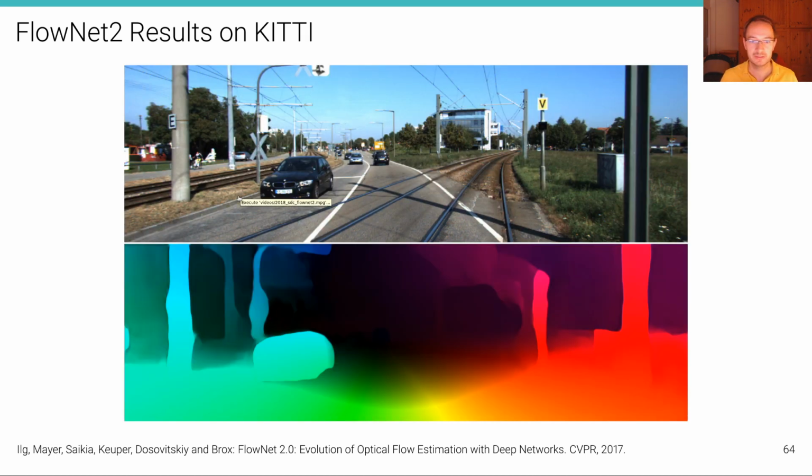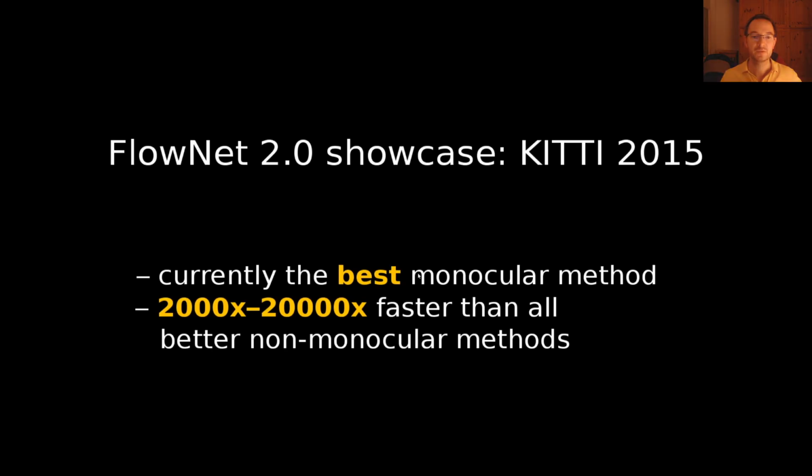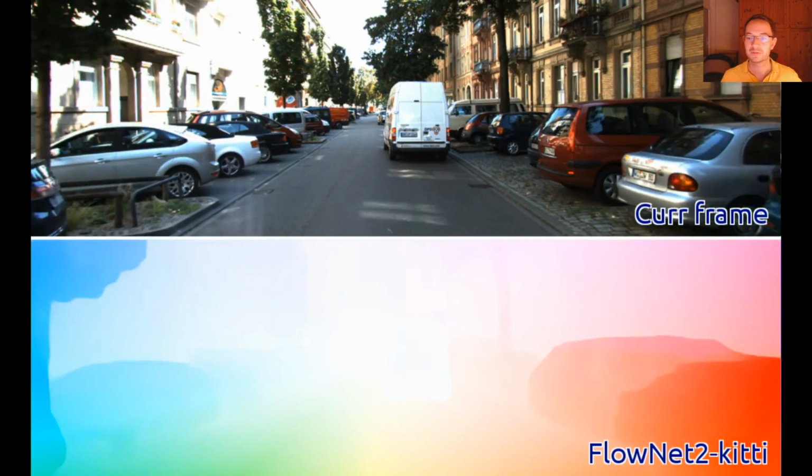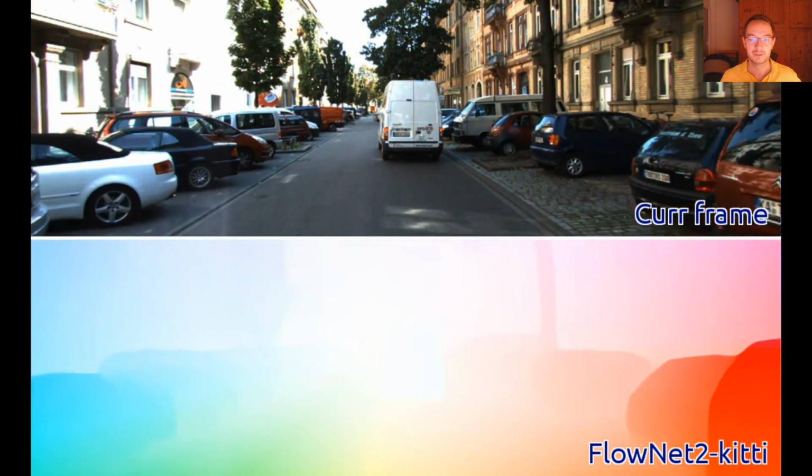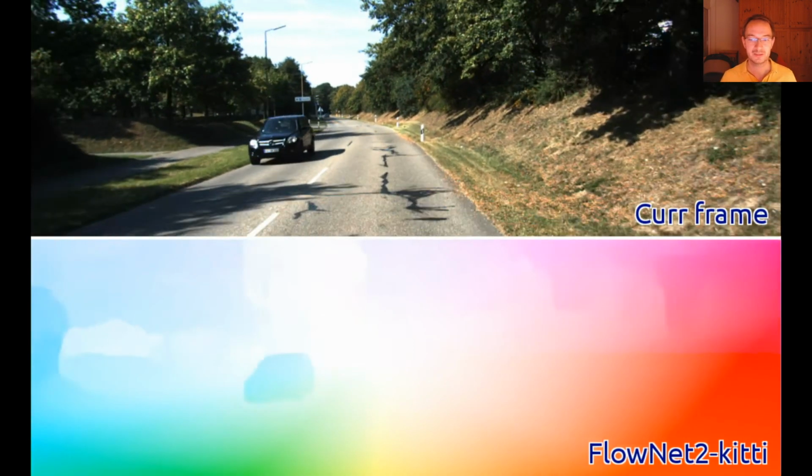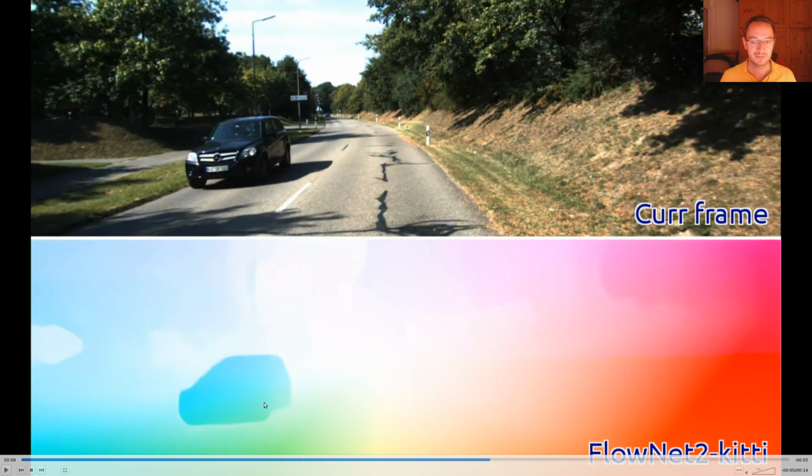And so here is a result of this algorithm for the same picture from KITTI, and you can see that while it still doesn't do a perfect job, it is much less noisy than the classical techniques. So here are some results in the form of a video. Of course, it's difficult to visualize optical flow, but you can see a little bit the structures that are estimated, for example, this vehicle here.